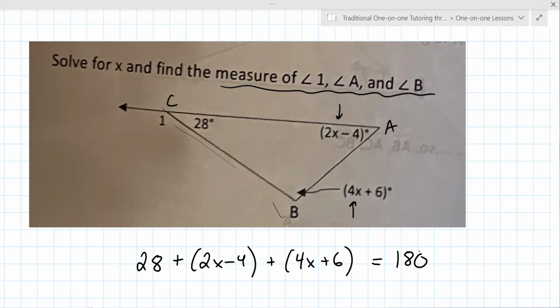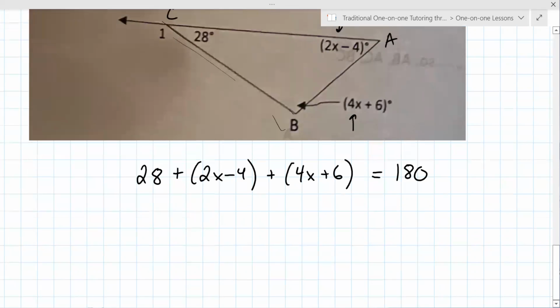Okay. So we need to be able to solve this equation for x. I'm writing this equation again, but without the parentheses.